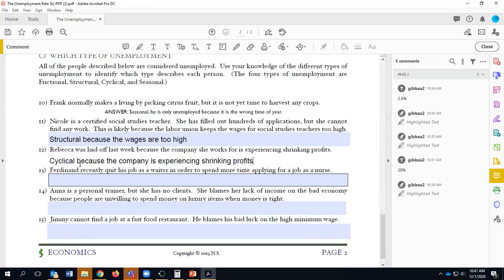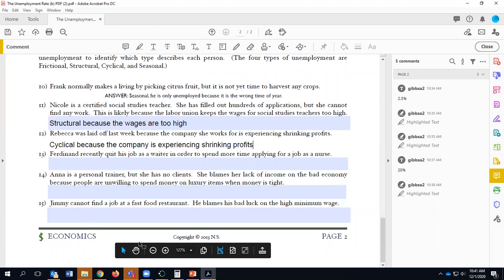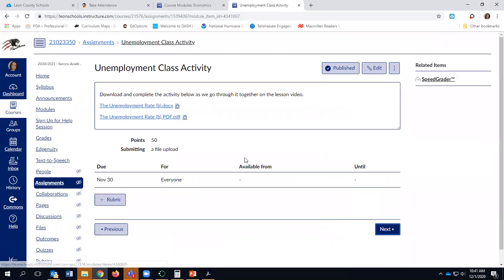All right, and you guys will do 13, 14, and 15 on your own. But before I release you to do that, let's look at the homework page.